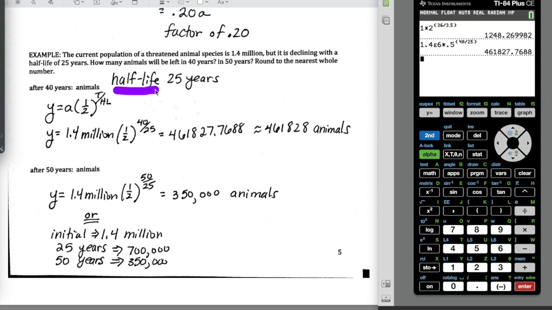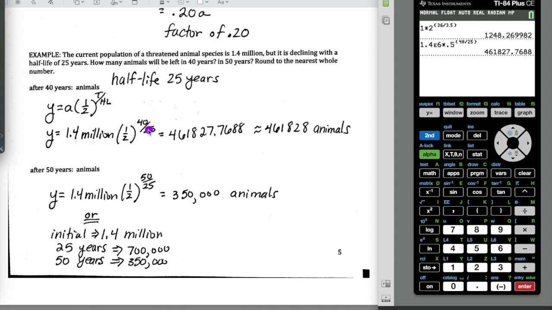So the question tells us that we have a half-life of 25 years. So when we're dealing with half-life and we want an exponential equation, we're going to use the one that has a half in it. So we're going to have y equals A times 1/2 to the power of t over the half-life. Now they tell us in the question that we're starting with 1.4 million animals, so that's going to go here. 1/2 just gets carried down.